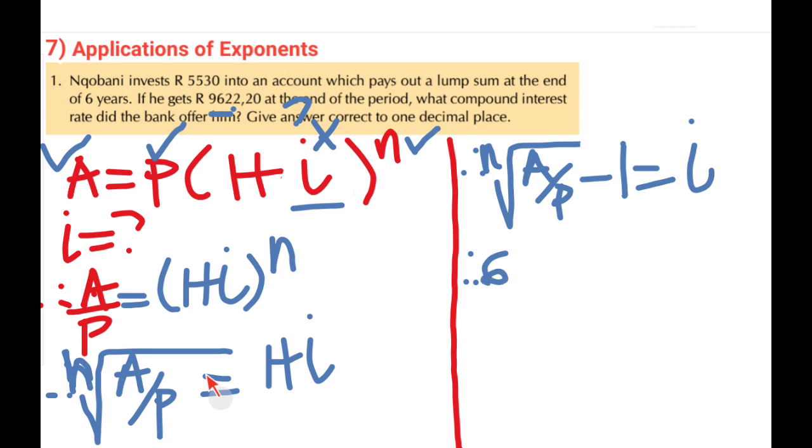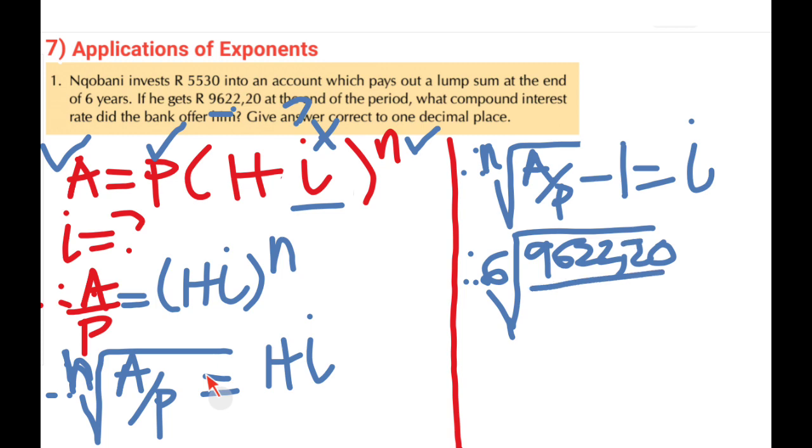So the sixth root of your A, 9,622 rand 20 cents, over your P, the initial amount, 5,530, minus 1, is equal to I.